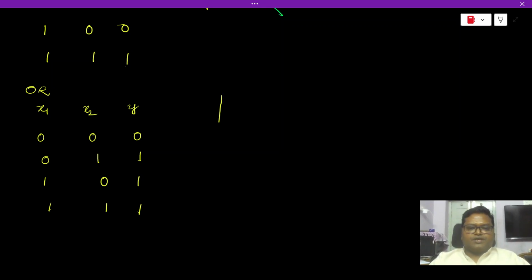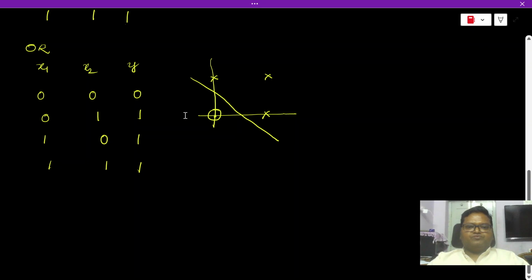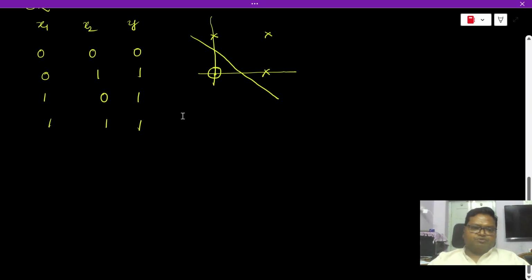If you plot a graph, this is the negative point and these are positive, positive, positive. Even in this case, I can draw a straight line which will separate the positives and negatives very clearly. So we can solve this with a perceptron, a machine learning problem.